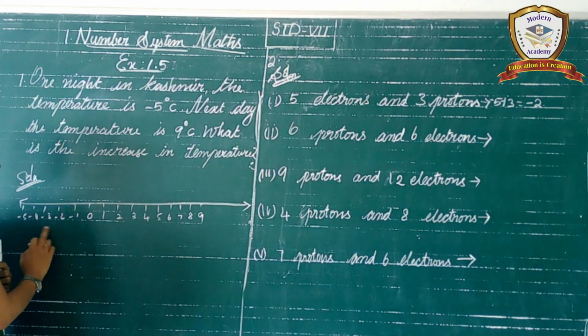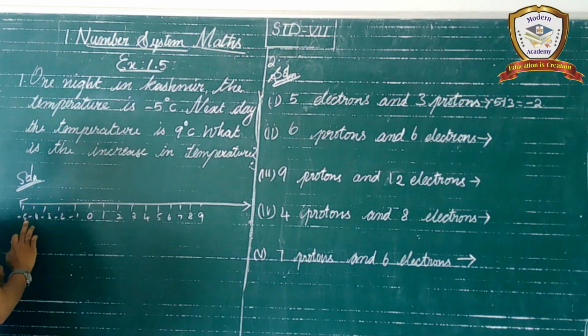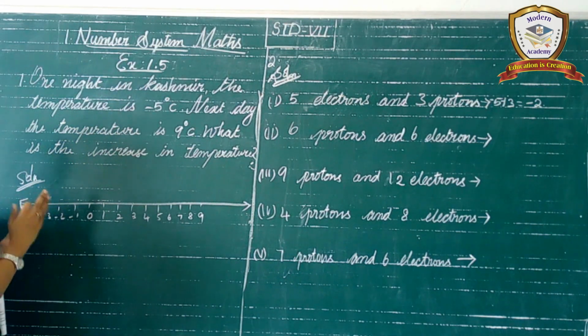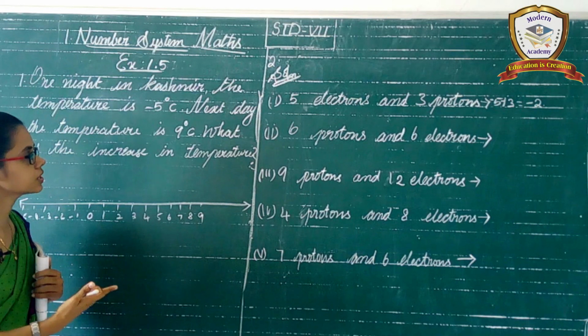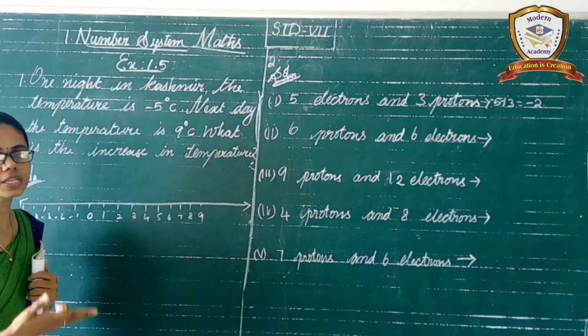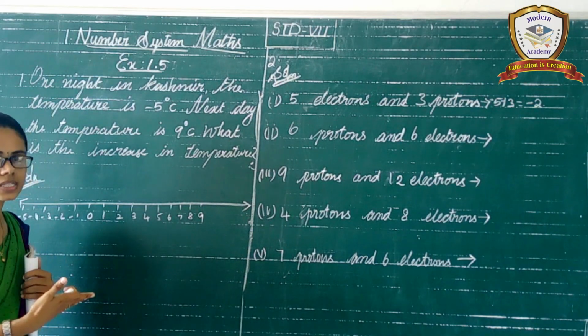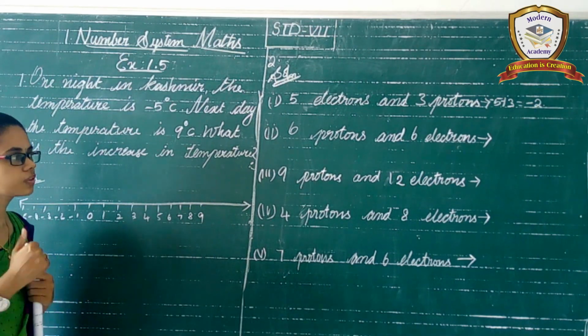Okay, see, one night in Kashmir the temperature is -5 degrees Celsius, but next day the temperature will be +9 degrees Celsius. It means in between, in the gap, how much is the increase in temperature? So we have to find.